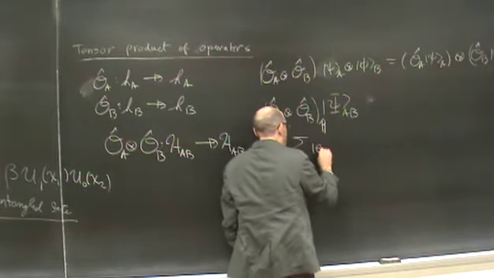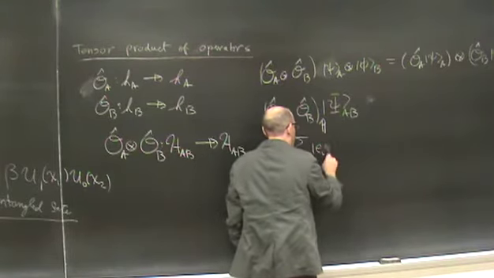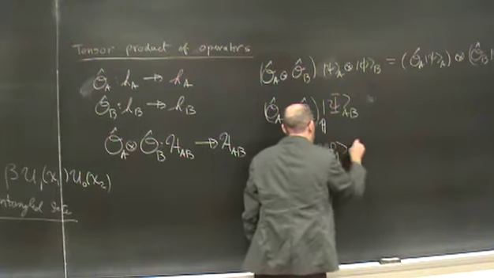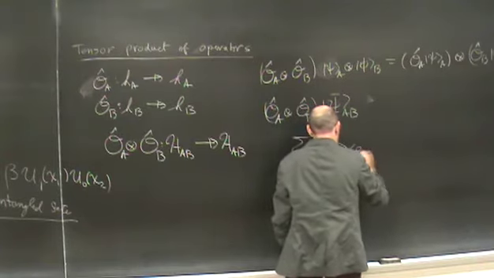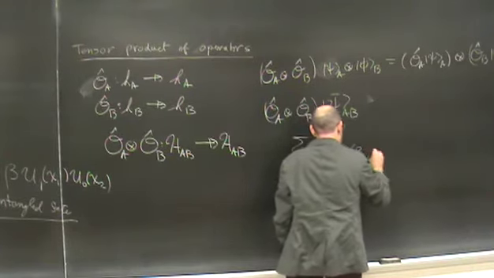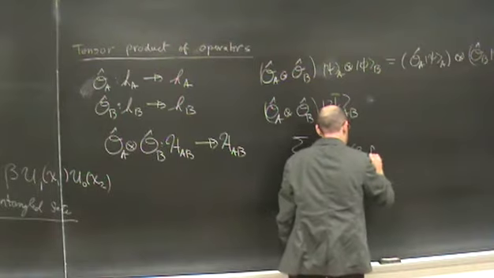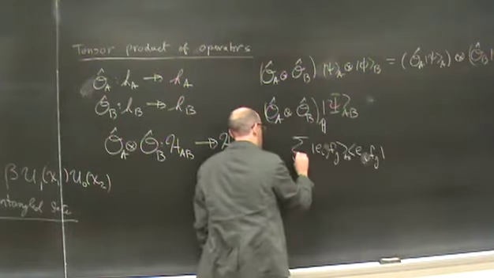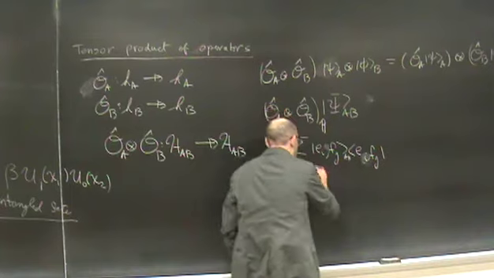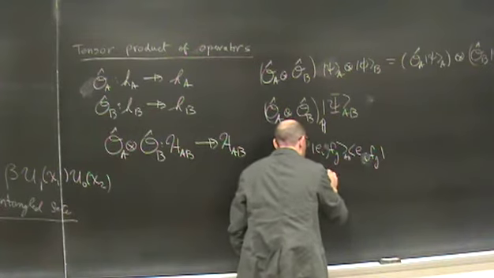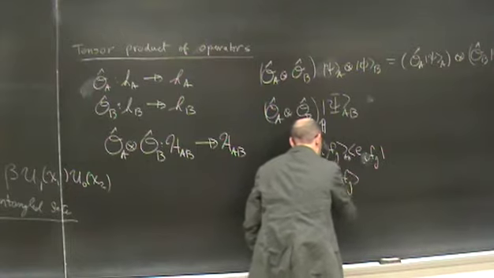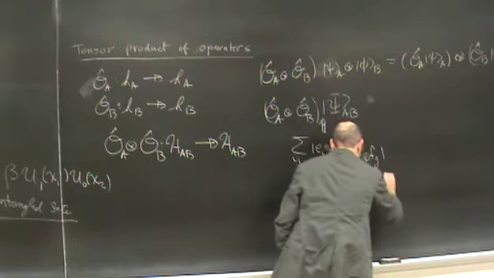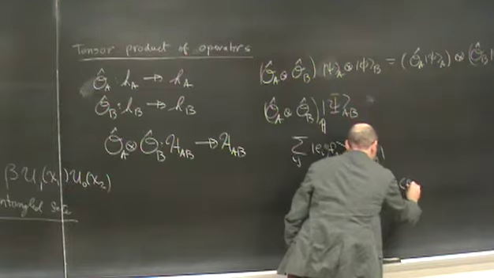As I said, we have lots of different notations, and when I write something like this, it is shorthand for the sum over i, j of the outer product |EI Fj><EI Fj|, with EI tensor Fj.